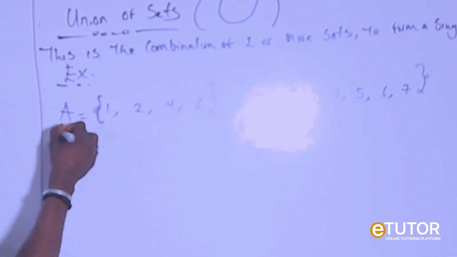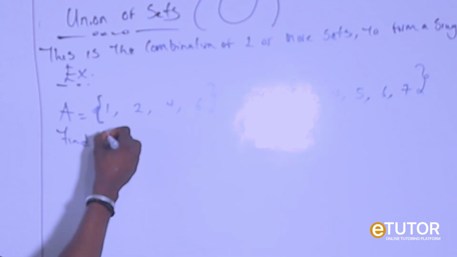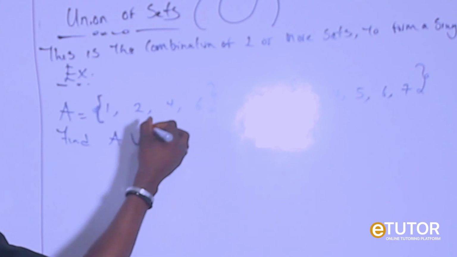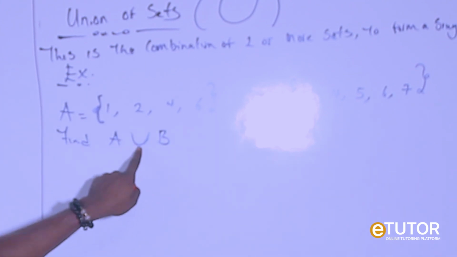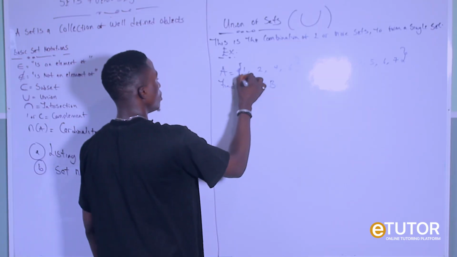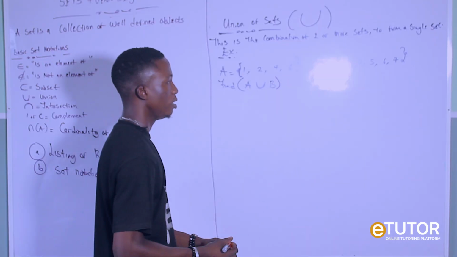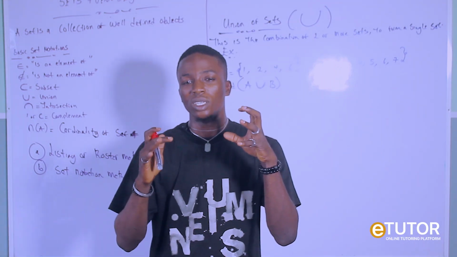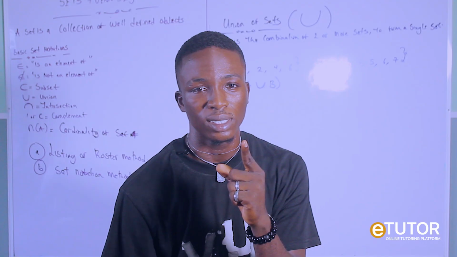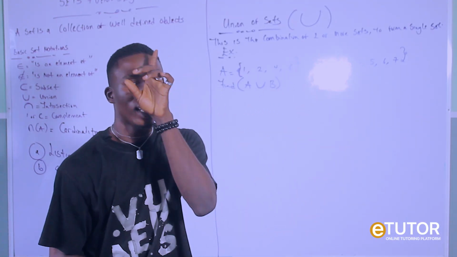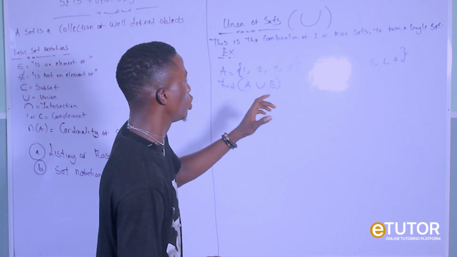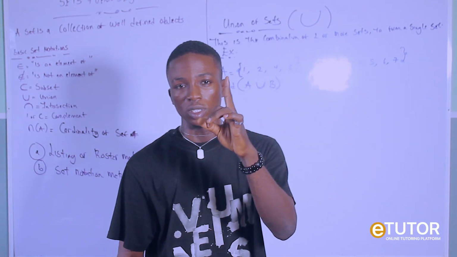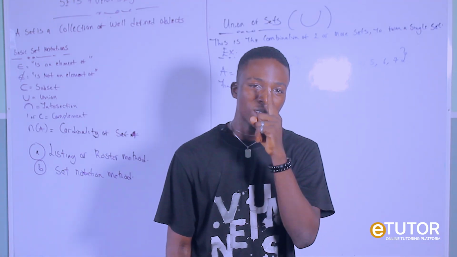And you're now asked to find A union B. Remember, this denotes union. Now, A union B means combine set A and set B without repeating an element more than once. That is, if 2 occurs more than once in both sets, you have to write 2 just once.